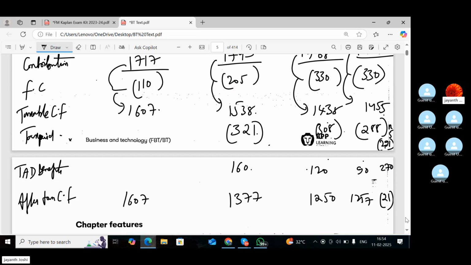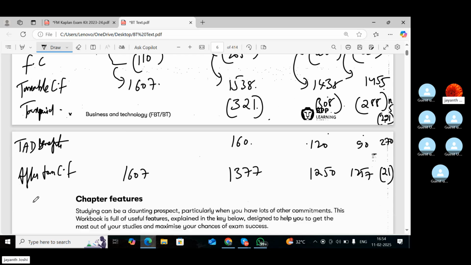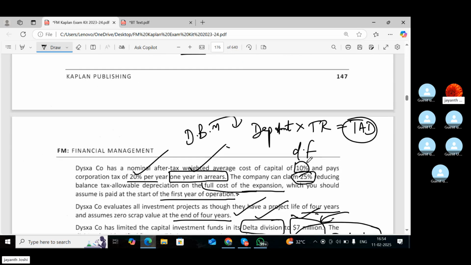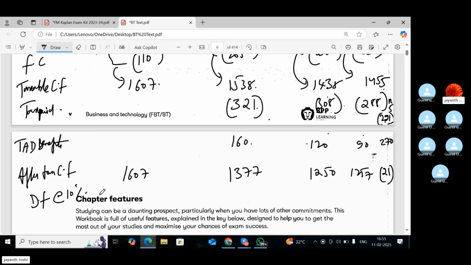Okay. And then we are going to take the discount factors at the rate of 10%. That was our WACC, weighted average cost of capital. That is our discount factor.